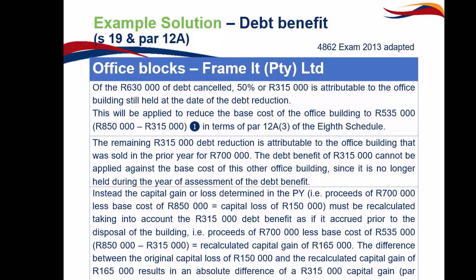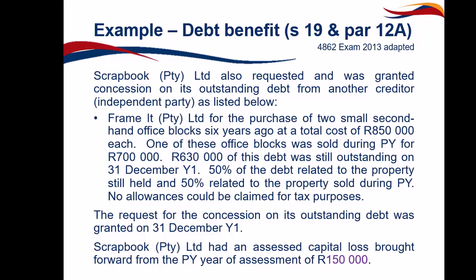First, I want us to deal with the asset that is still on hand because it's pretty straightforward. You know that the asset that is still on hand was purchased for 850,000. And 50% of the debt benefit, which is 315,000, relates to that asset.